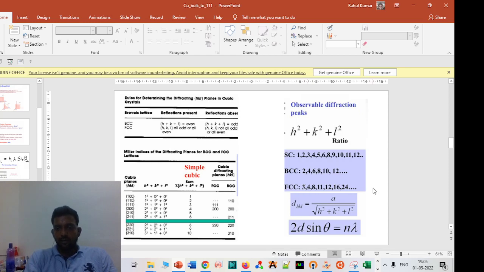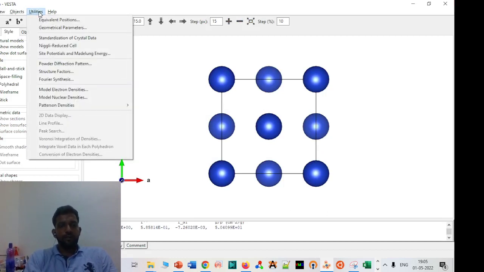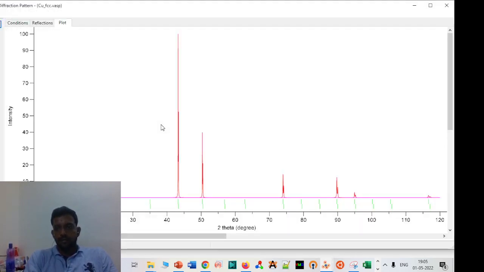So let's see how we can calculate the XRD pattern from VESTA. It is simple. You have to just open your structure, then do the powder diffraction pattern analysis, and let's see, now we have already calculated the structure. So what are these planes?